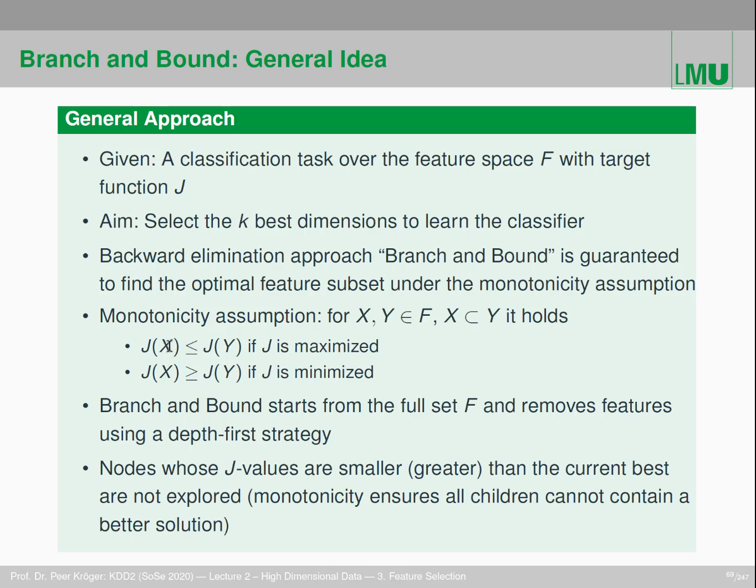In other words, if you have a Y and you eliminate a feature, J can only get better.